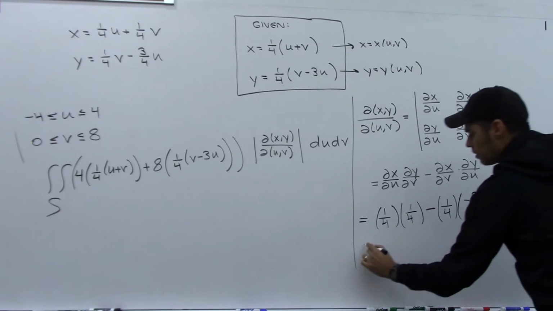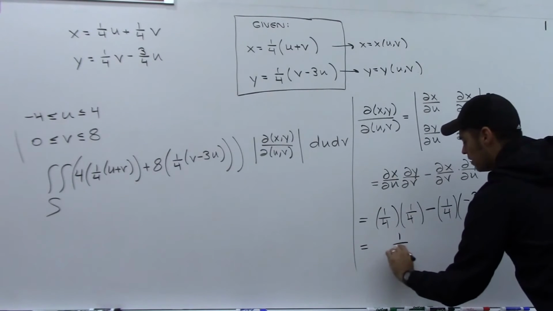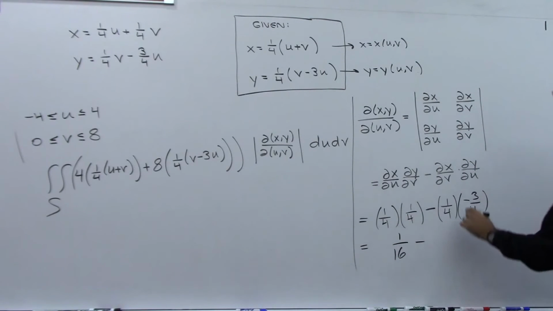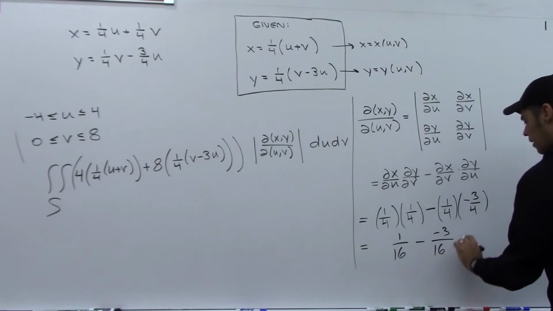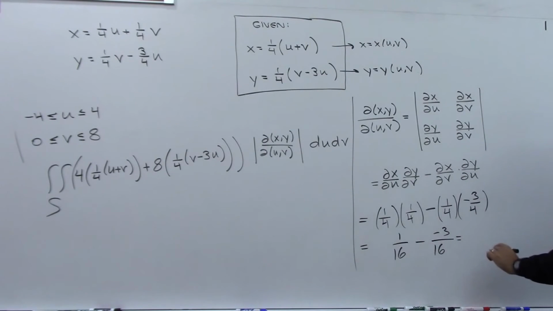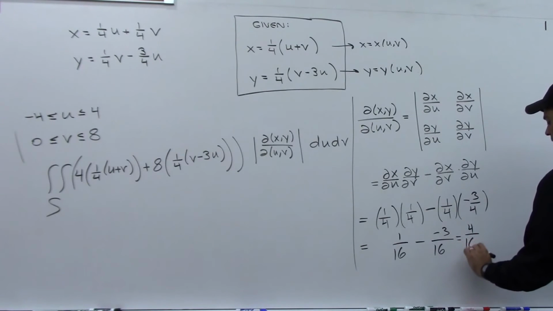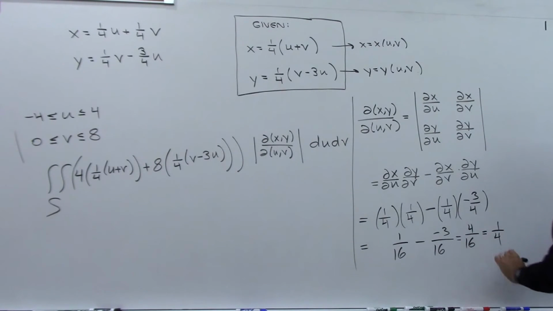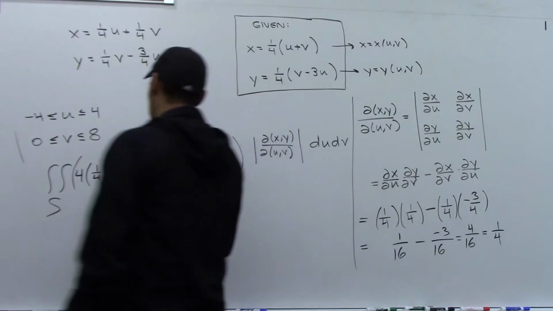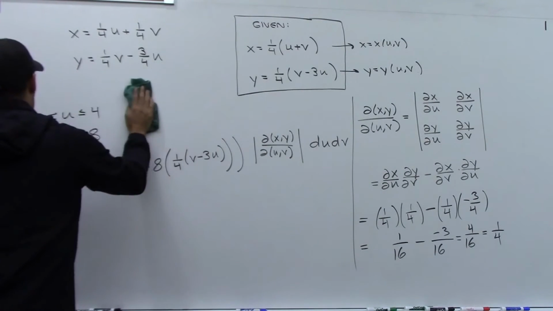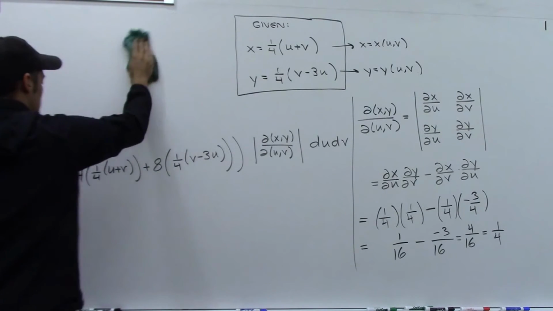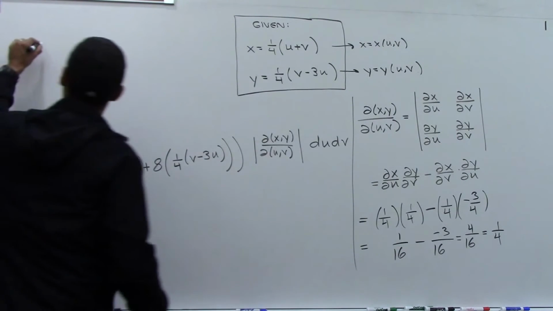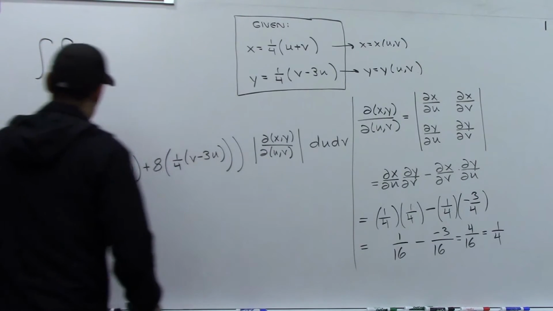All right, let's clean this up. 1/4 and 1/4 is 1/16. Minus over here, -3/16. Which the minus minus becomes plus, so you have 4/16, which is 1/4. So this becomes, I think I'm ready to write this out. This double integral becomes double integral. I'll put the limits of integration on in a second.